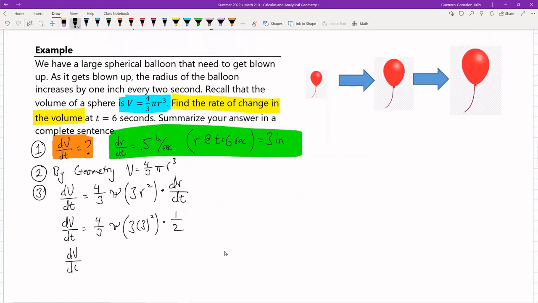So dV over dt, I'm going to simplify this a little bit. 3 squared is 9, times another 3 is 27. 27 times 4 is, heck, I don't know, something big.